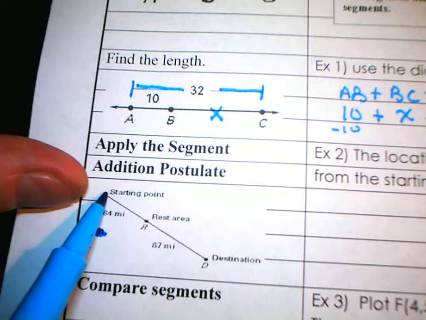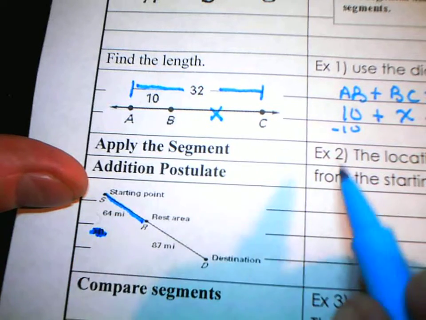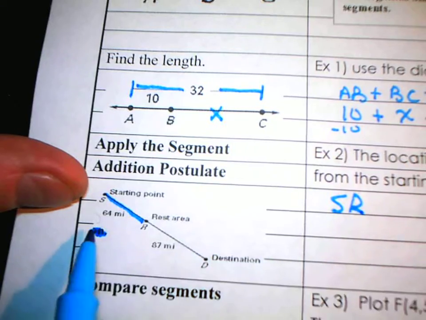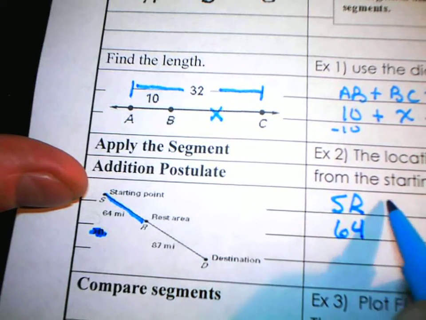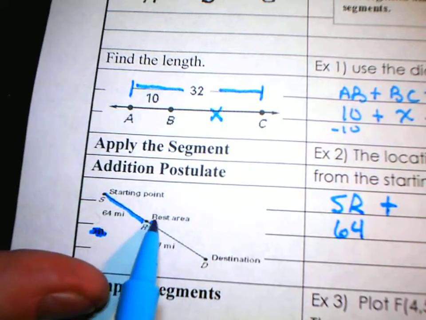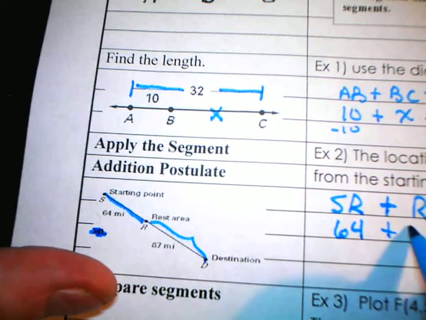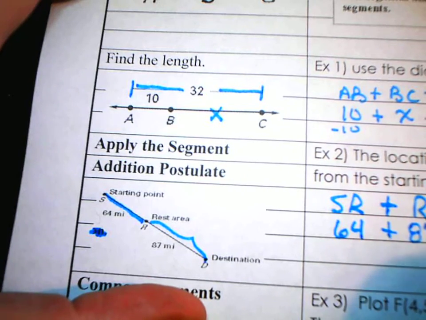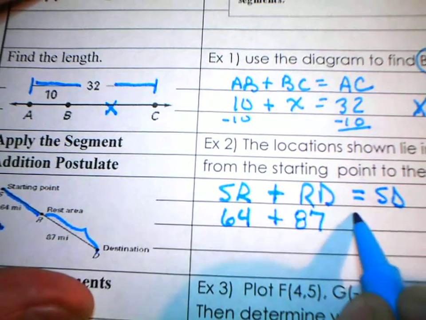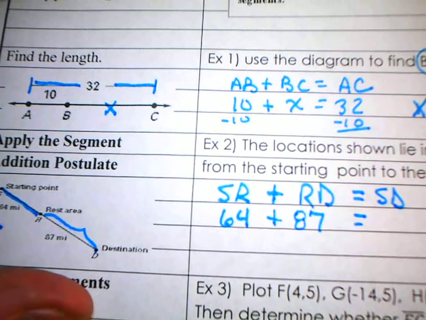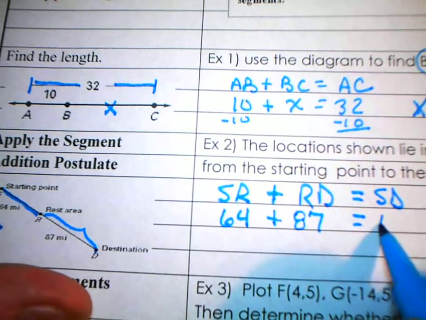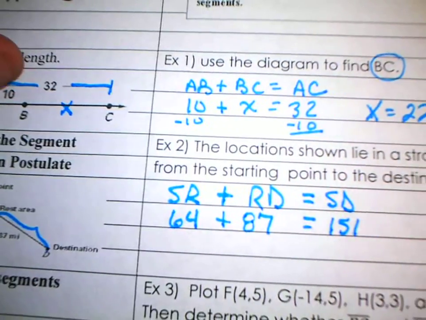Notice the first section, SR, is 64. I want to add to it the second section, RD, which is 87, and it should equal the entire distance, which is from S to D. So all I have to do is add these values up, and I'll end up with 151 miles.